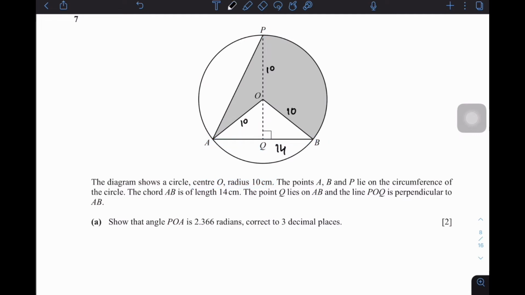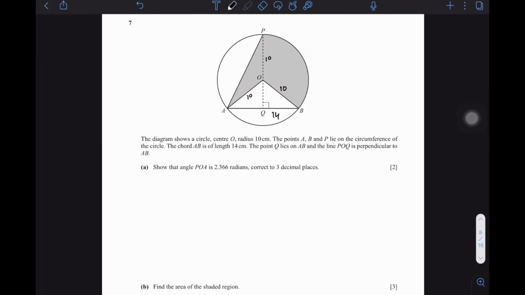Show that the angle POA is 2.366 radian, correct to 3 decimal places. This whole length is 14. We can write this part is 7 and that part is 7.